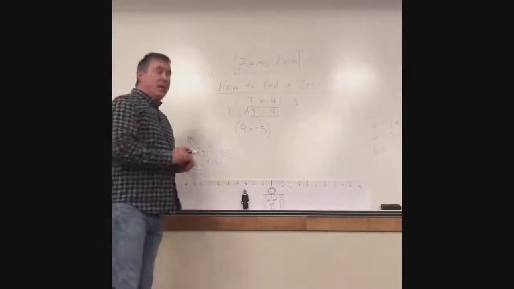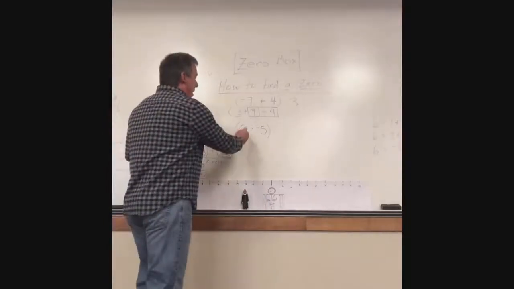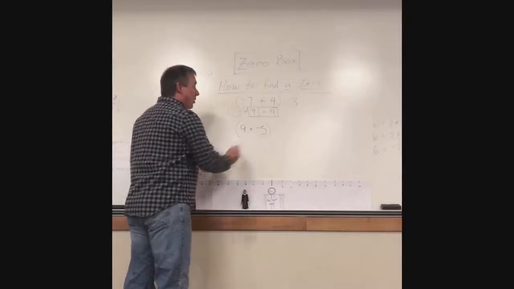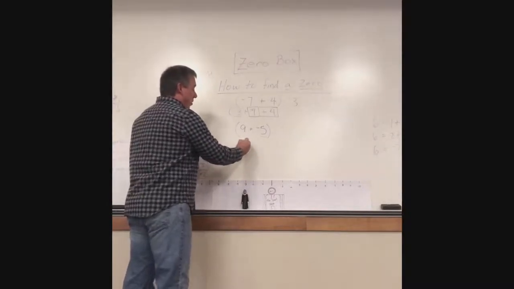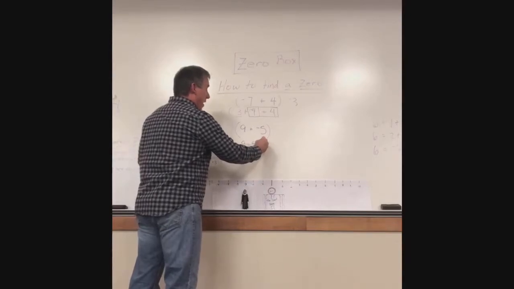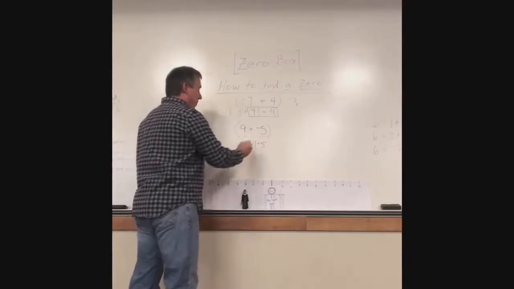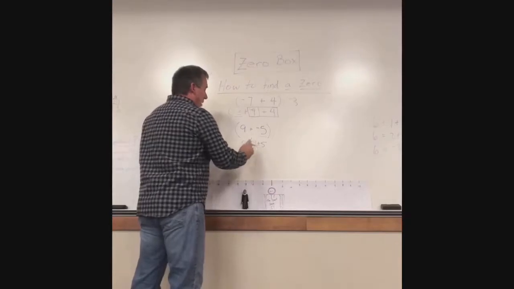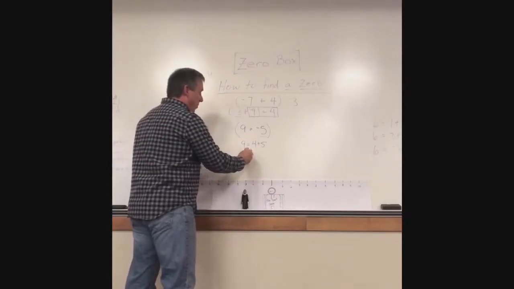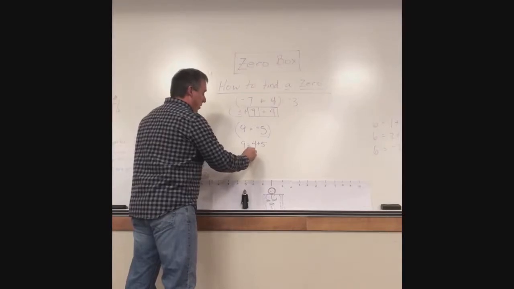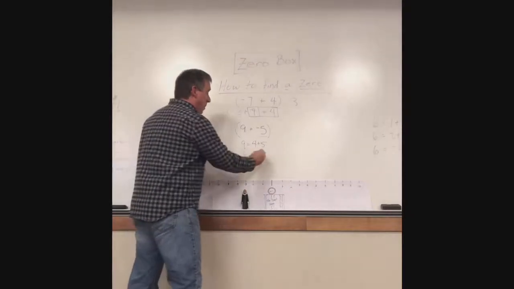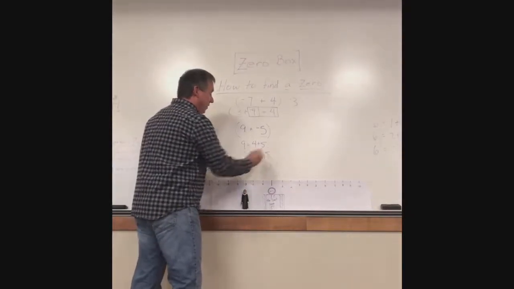Let's do 9 plus 5. Let's use that distributive property to break 9 down to include a 5. So 9 is equal to 4 plus 5. And our problem is 4 plus 5 minus 5.